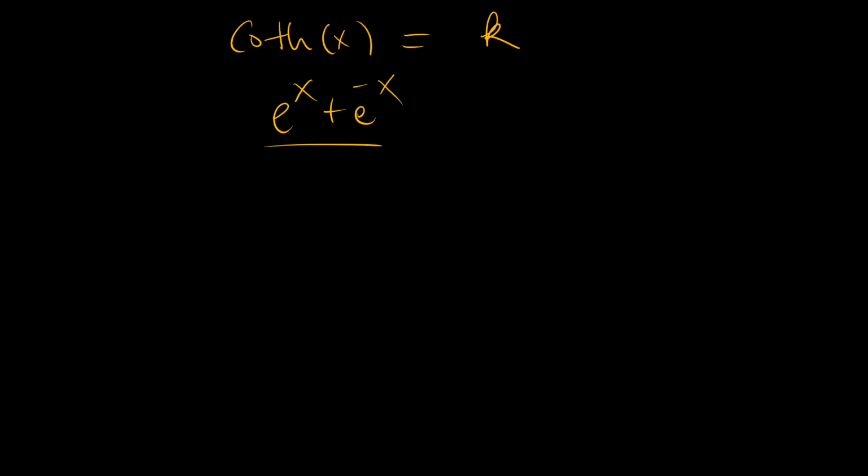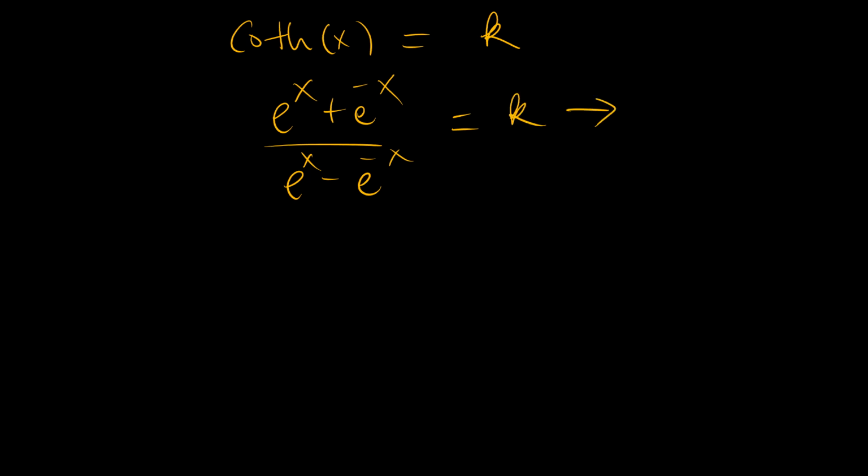But now if the hyperbolic cotangent of x is equal to a constant, let's say k, so e to the power x plus e to the power negative x over e to the x minus e to the negative x is equal to k.